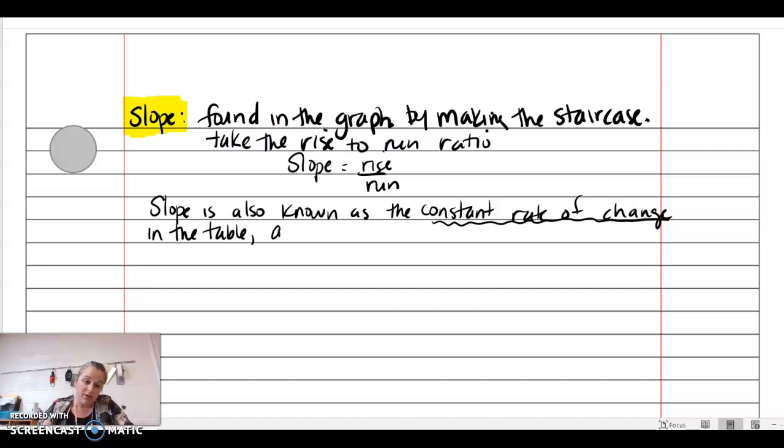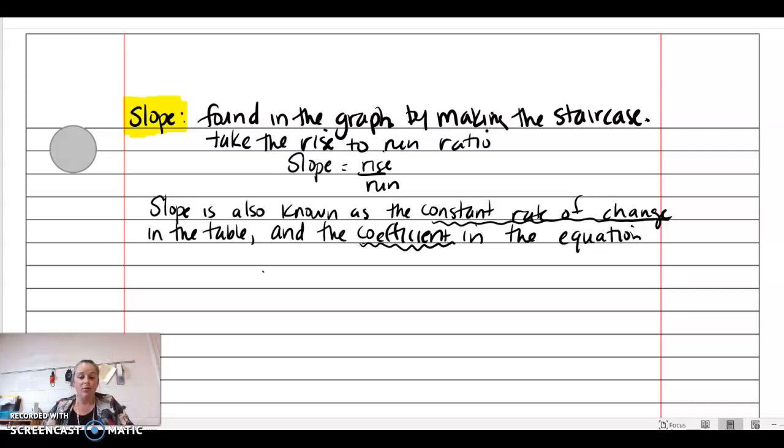And the coefficient in the equation. Okay, so slope is the graph, rate of change is your table, coefficient is in your equation. And I'm going to underline coefficient because these are your fancy words that our m is in our equation.